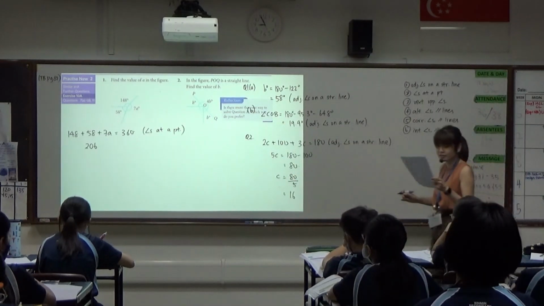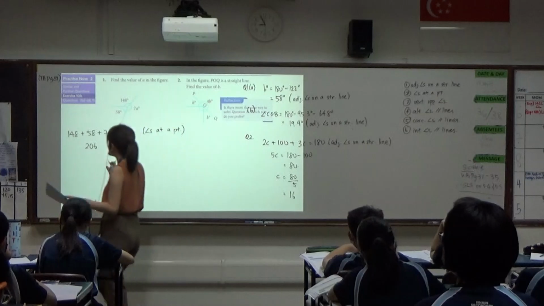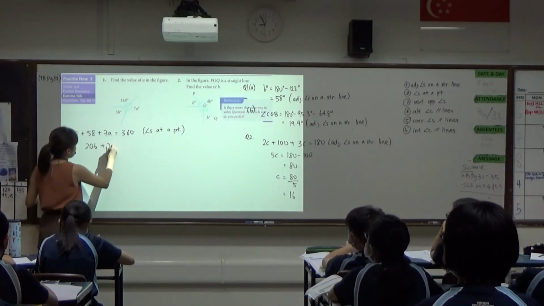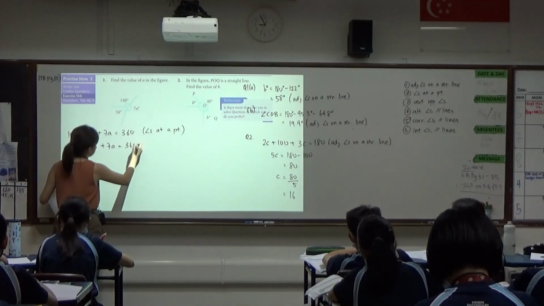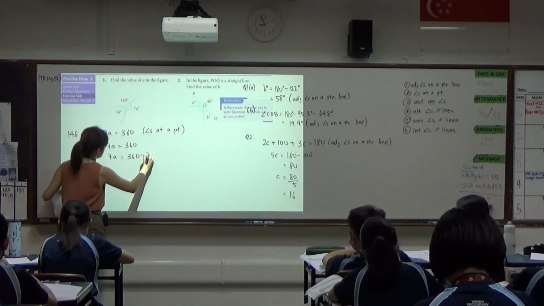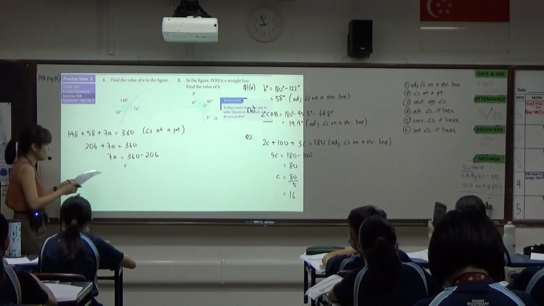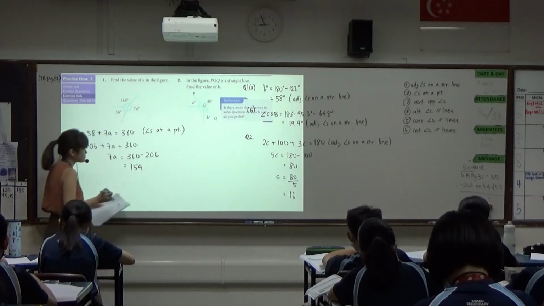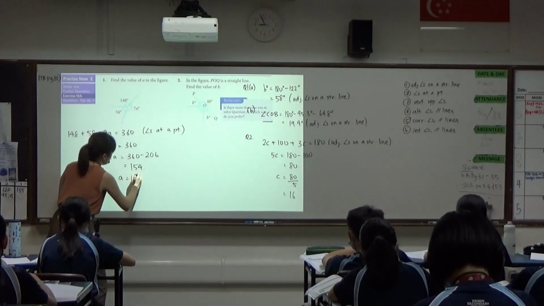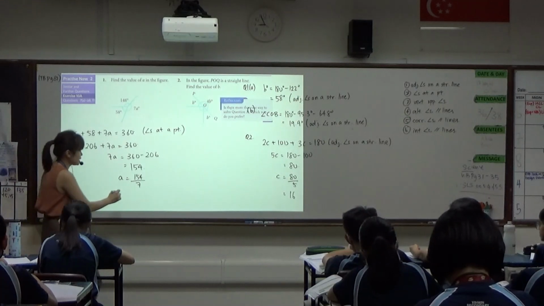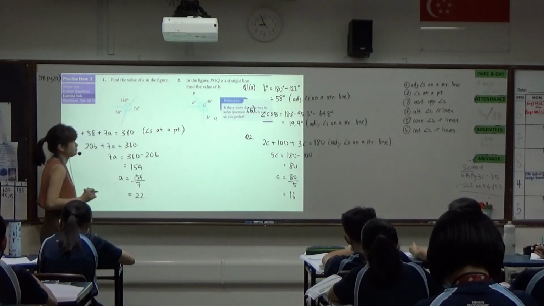Yes, 206. Plus 7a equals to 360. Then 7a, minus away 206 and we get 154. And a equals to 154 divided by 7, such that we get 22 as our answer.